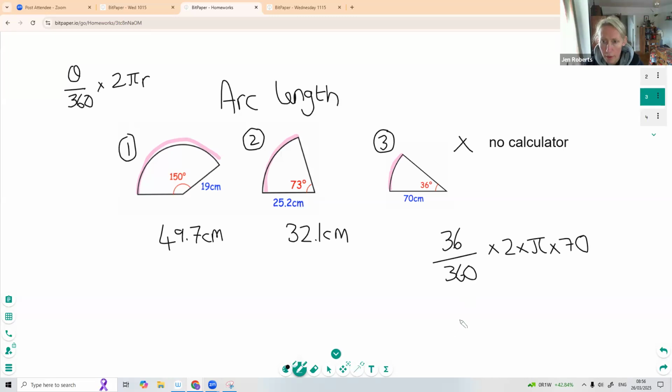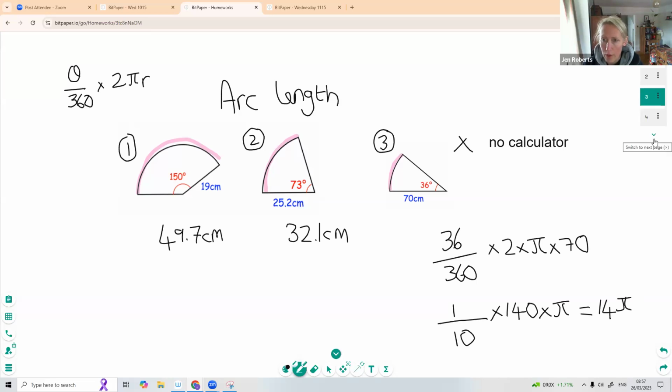If you divide both the numerator and denominator by 36, we get 1 at the top, 10 on the bottom. I'm going to do 2 times 70 is 140. So it's 1/10 times 140 times pi. 1/10 of 140 is just 140 divided by 10, which is 14. So the answer is 14 pi.